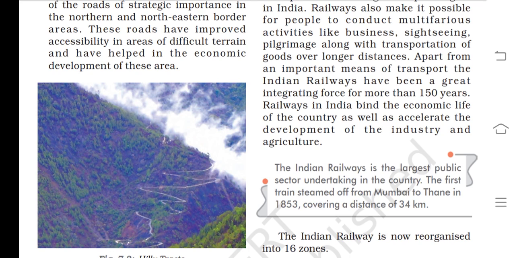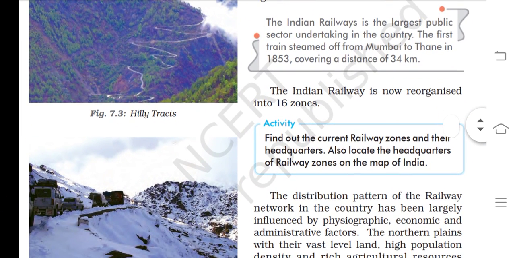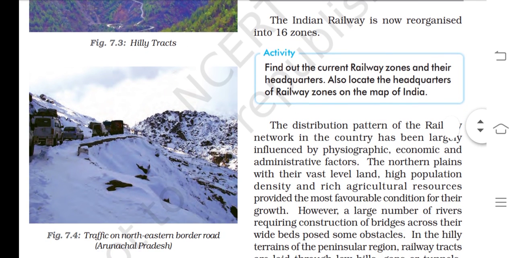The Indian Railway is now organized in 16 zones.